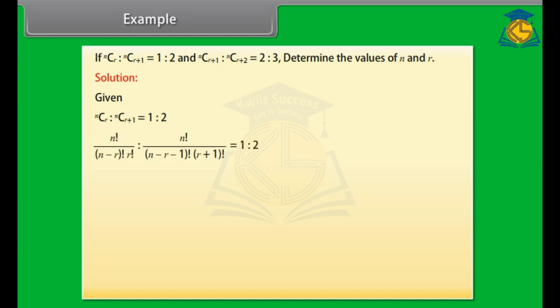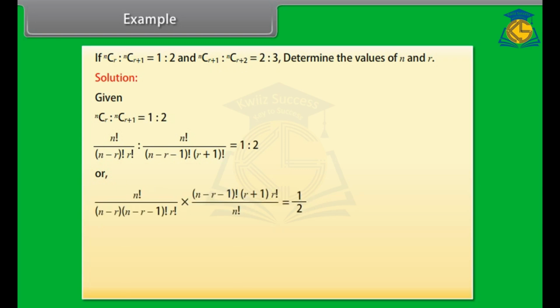n factorial by n minus r factorial into r factorial is to n factorial by n minus r minus 1 factorial into r plus 1 factorial is equal to 1 is to 2.